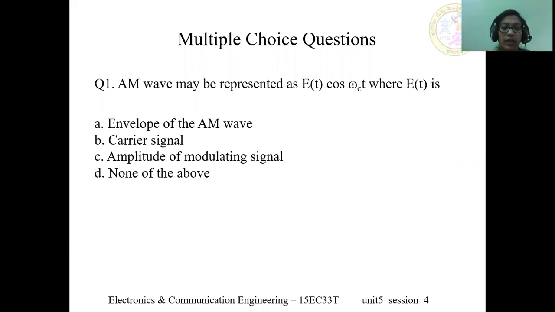Question 1. An AM wave may be represented as E of t sine omega ct, where E of t is: A, envelope of AM wave, B, carrier signal, C, amplitude of modulating signal, D, none of the above.